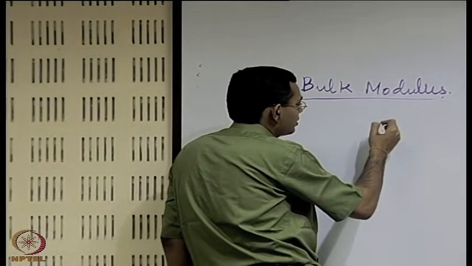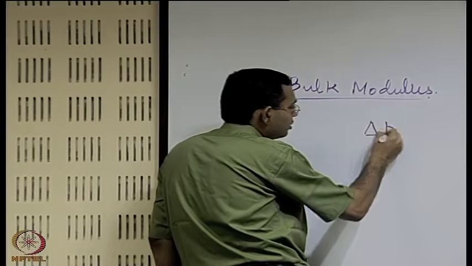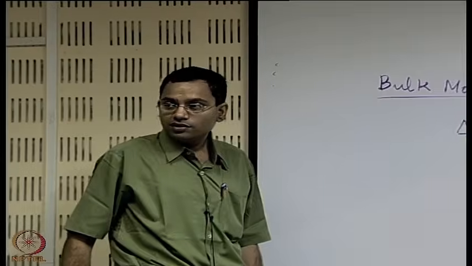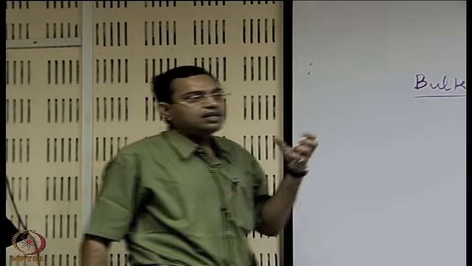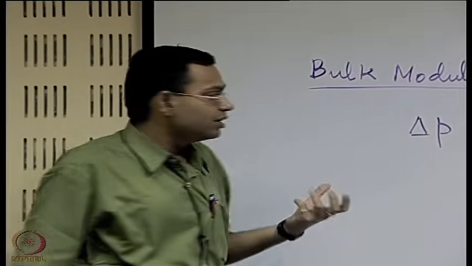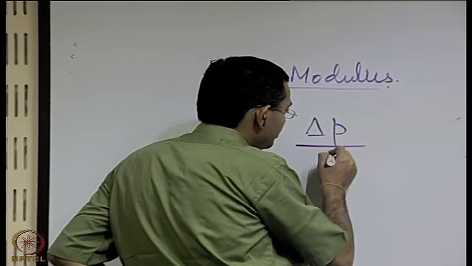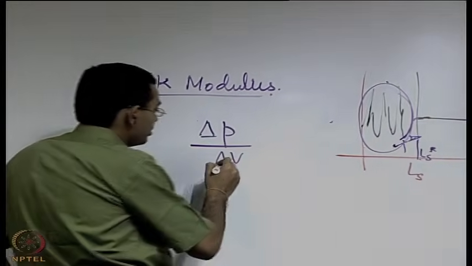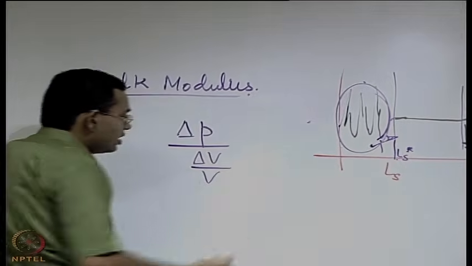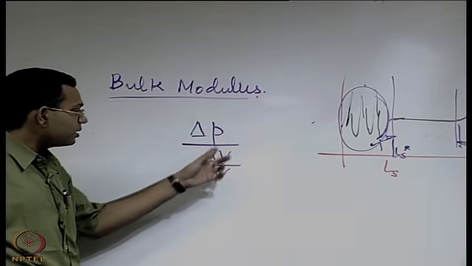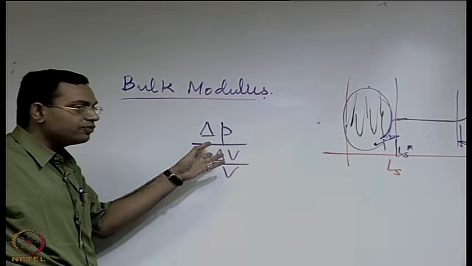So in a loose sense, if you are applying say a pressure differential delta P, that is expected to give rise to a change in volume of a fluid element, let us say that change in volume is delta V. The original volume was V, so this is the total change in volume per unit volume.